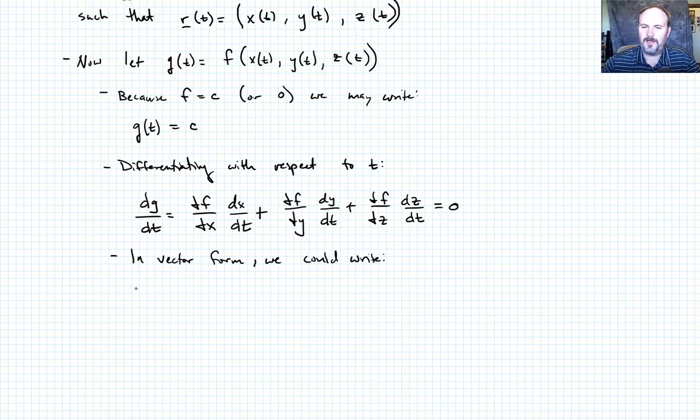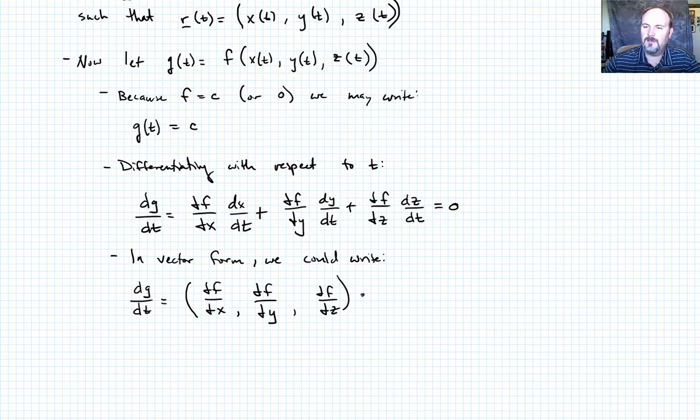Okay, so I could say that dg/dt is equal to the vector of partial f with respect to x, partial f with respect to y, and partial f with respect to z, dotted with the vector dx/dt, dy/dt, and dz/dt.